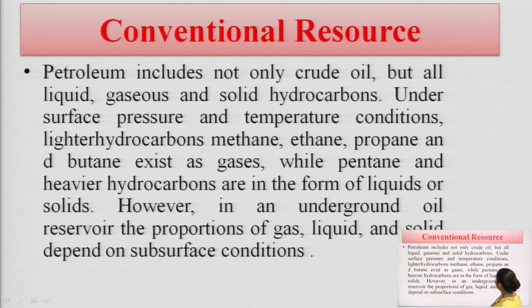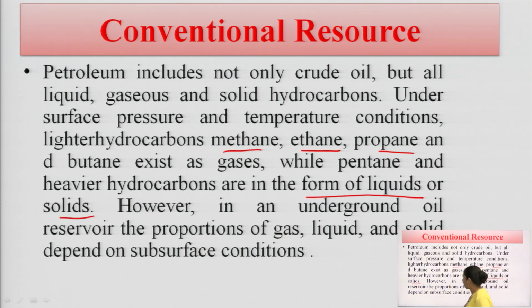Petroleum includes not only crude oil, but also all the liquid, gaseous and solid hydrocarbons. Under surface pressure and temperature conditions, lighter hydrocarbons like methane, ethane, propane and butane exist as gases, while pentane and heavier hydrocarbons are in the form of liquid or solid.